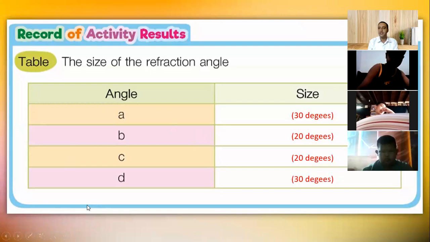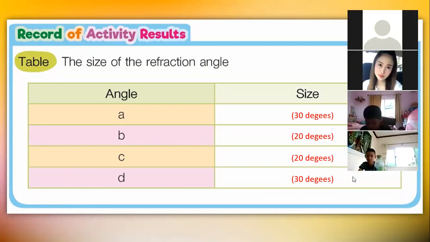And at place D, the angle size is 30 degrees. All right, students, write down the different angle sizes of this experiment and note them down in your books.